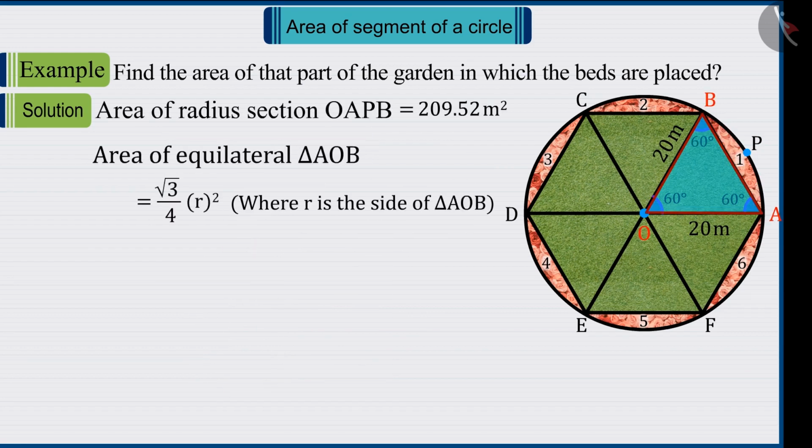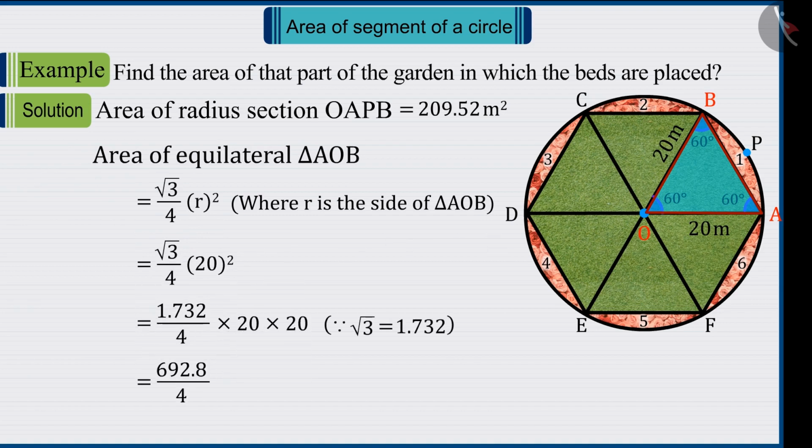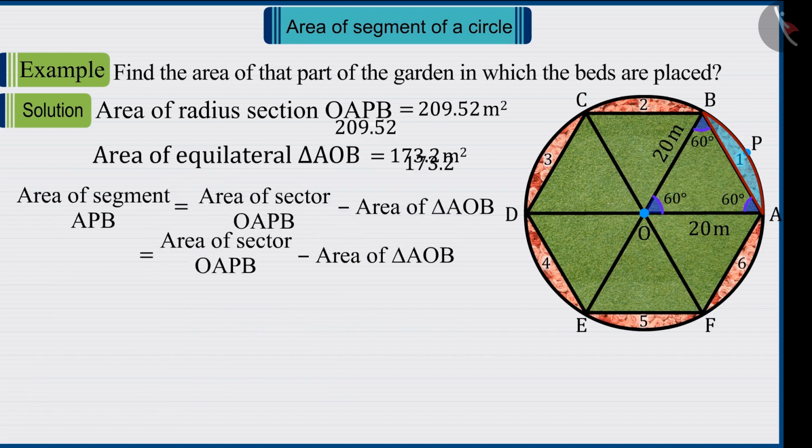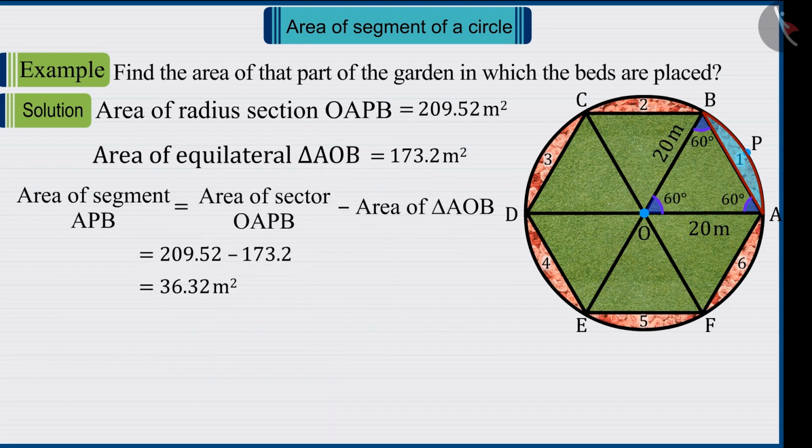While for the area of the equilateral triangle, putting the value of the sides as 20 gives the area of triangle AOB as 173.2 square meters. On solving which, the area of the segment APB is 36.32 square meters.